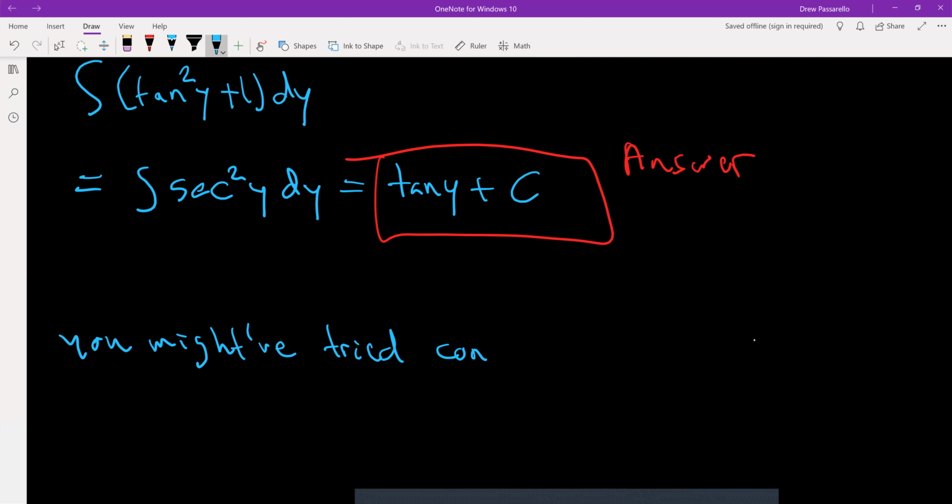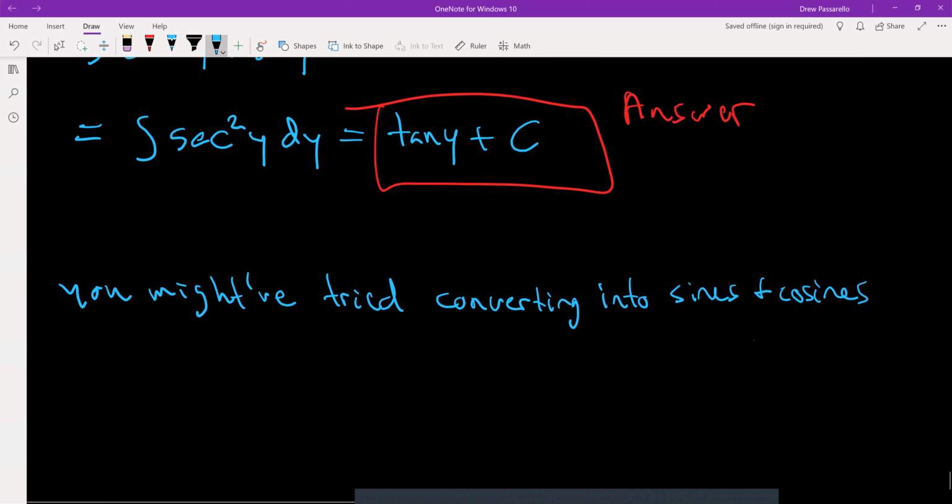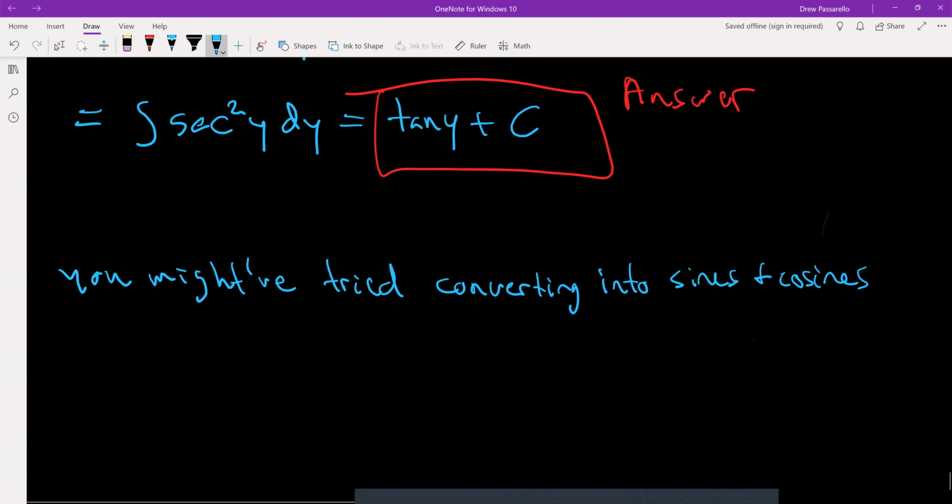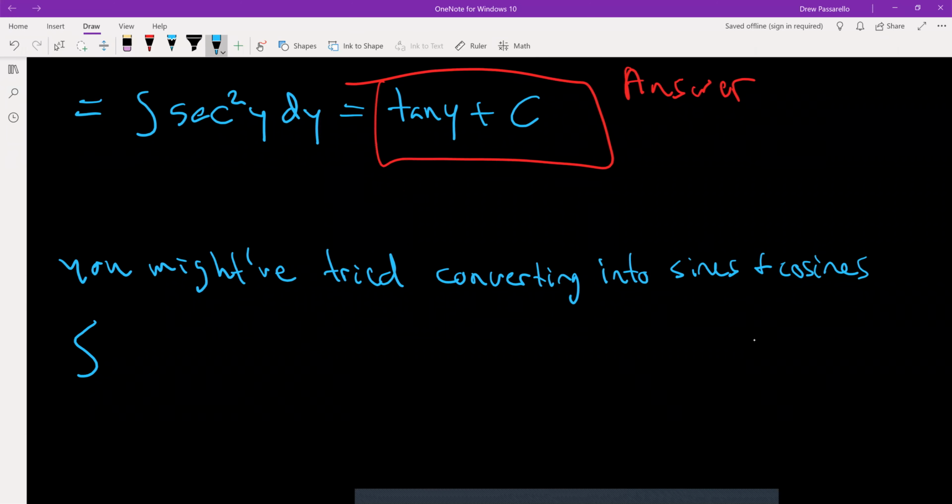When I took trig, my last resort was to convert everything into sine and cosine, but I'll just demonstrate what that's going to do.